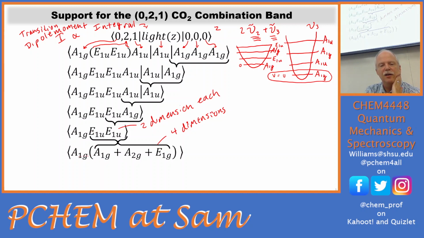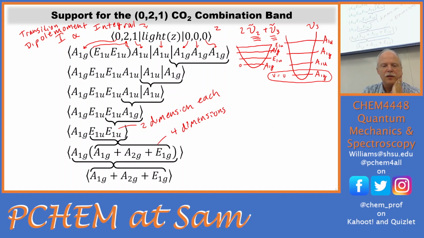Okay, now we have this sum here, and we want to take A1G times each term in that sum. And so the A1G times A1G gives A1G times A2G, and then times the E1G.